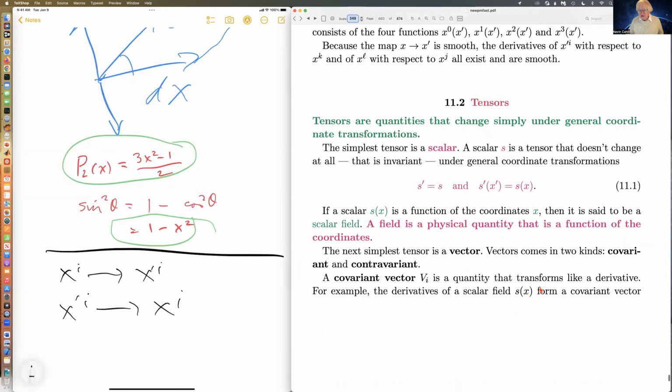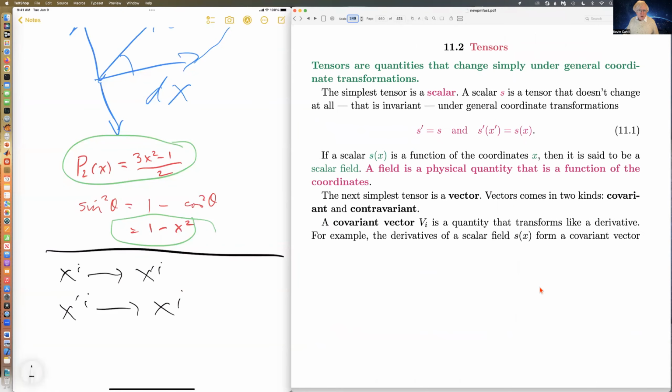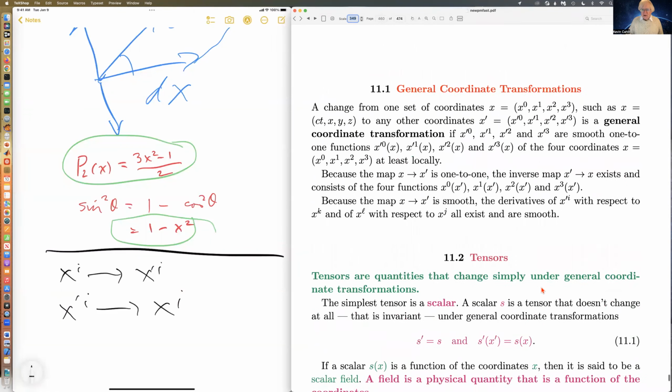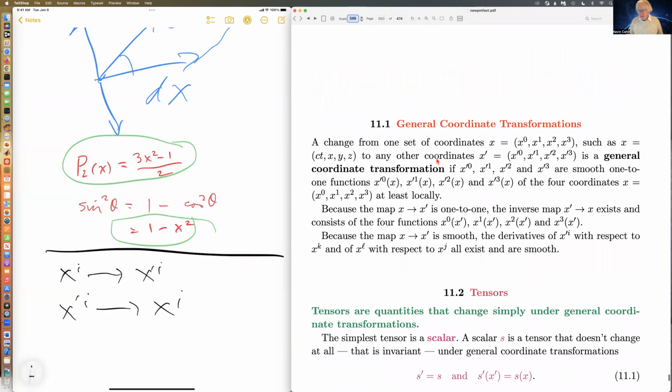So what are tensors? Tensors are simply mathematical quantities that change simply under general coordinate transformations. And let me just stress here that you probably had a course on special relativity. That's a special kind. That's not a general coordinate transformation.